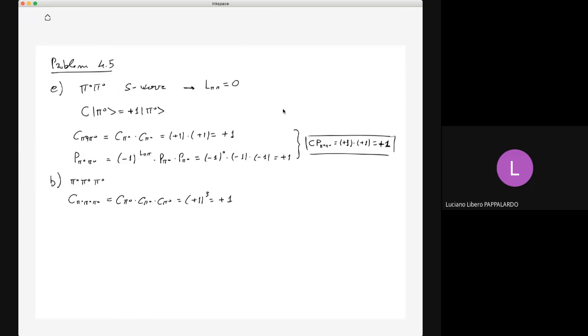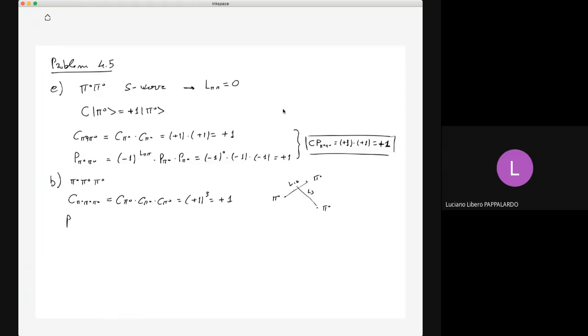The parity is a bit more tricky, because now we have a system of three particles, if you remember. Suppose we have a pi 0 here, a pi 0 here, and another pi 0 there. We have the L12, which is the relative orbital angular momentum of the first pair, and then L3, which is the one of the third pion with respect to the center of mass of the other two, as we saw yesterday for a system of three particles.